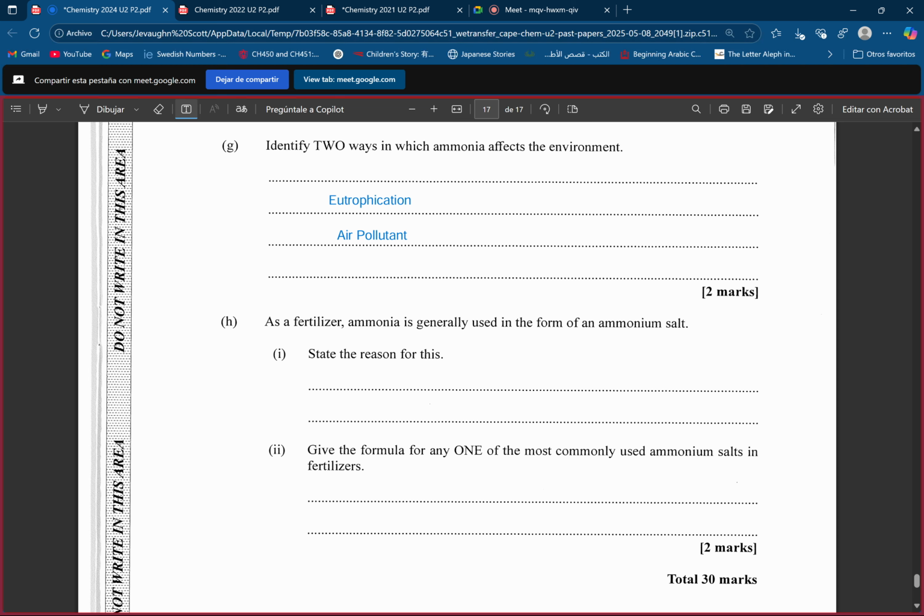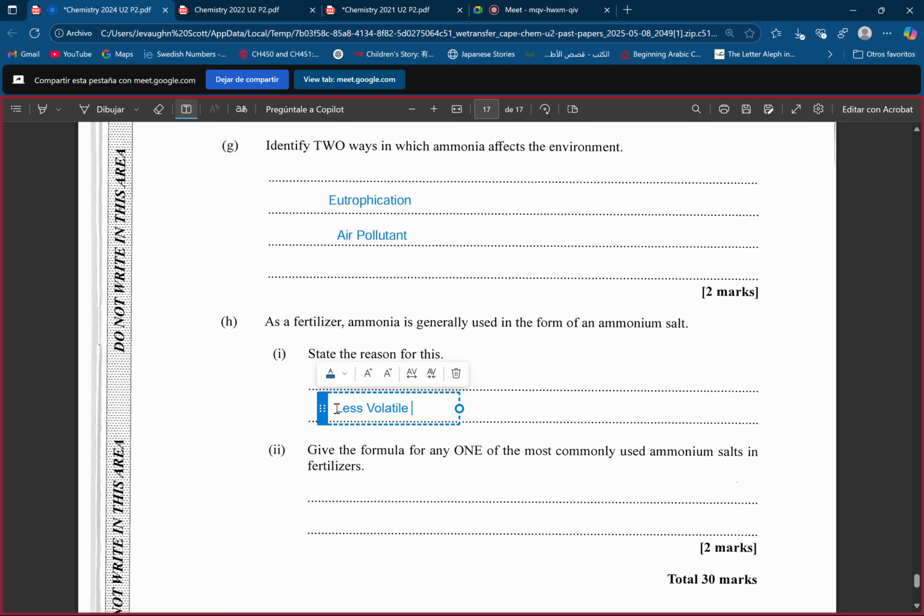list. All right. But as a fertilizer, ammonia is generally used in the form of ammonium salt. State a reason for this. Go ahead. All right, so it's less volatile, right?